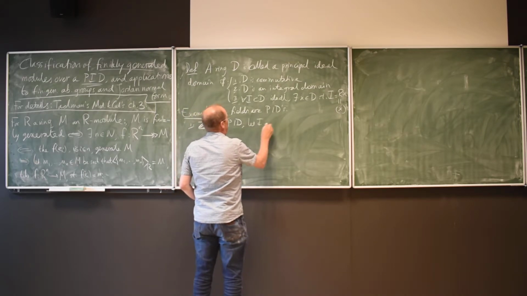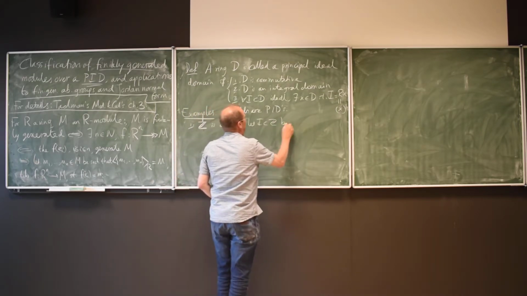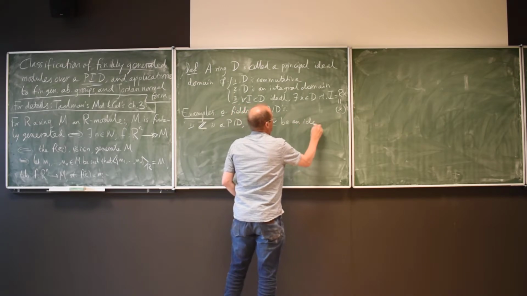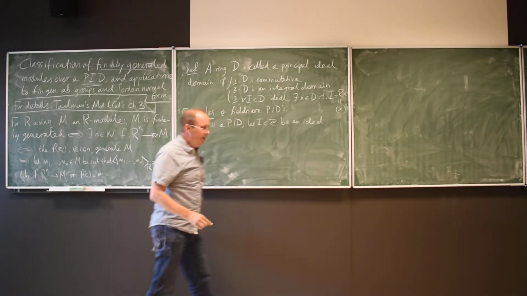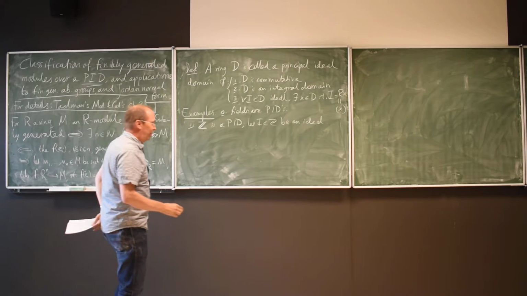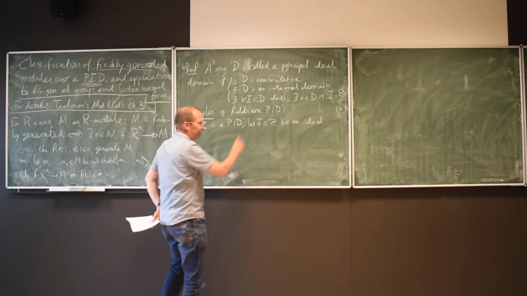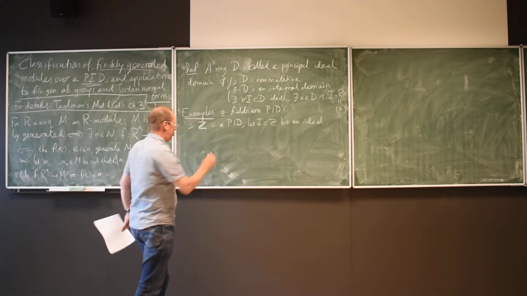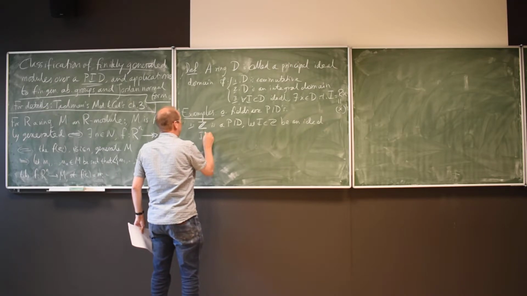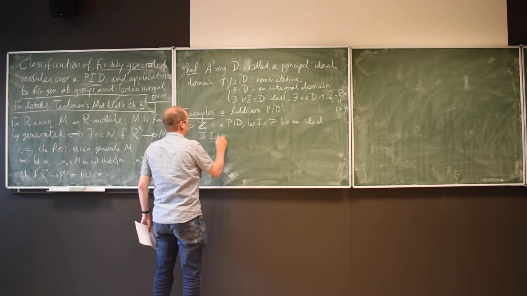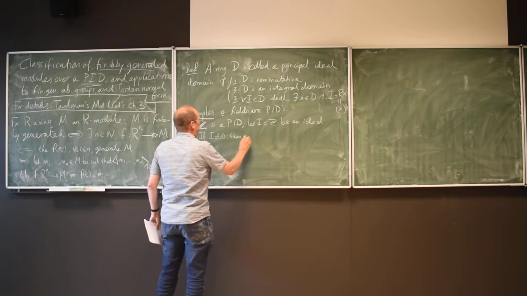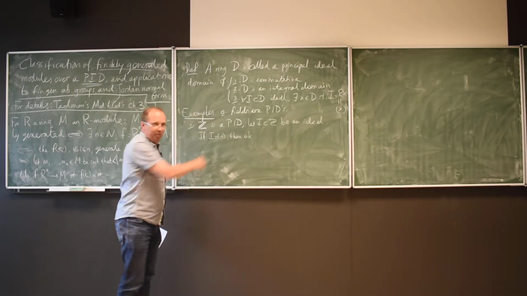Let I in Z be an ideal. We want to have a generator. But a generator, you can get it by looking at the smallest positive element of I, if that exists. So if I is 0, then okay, right? It is generated by one element.